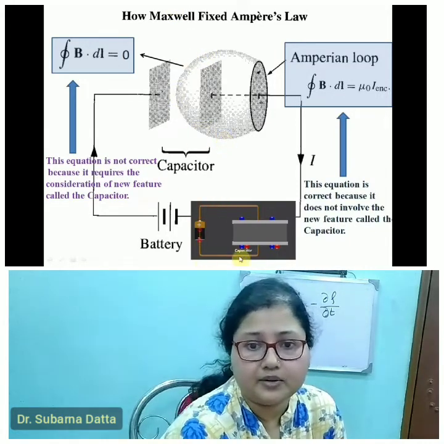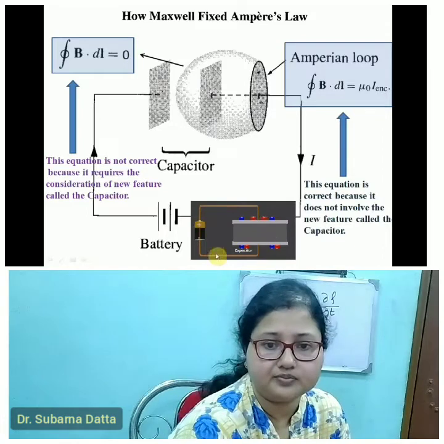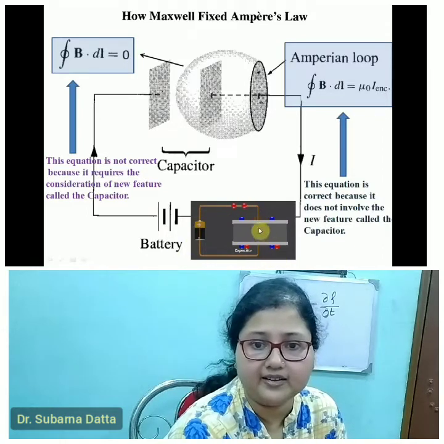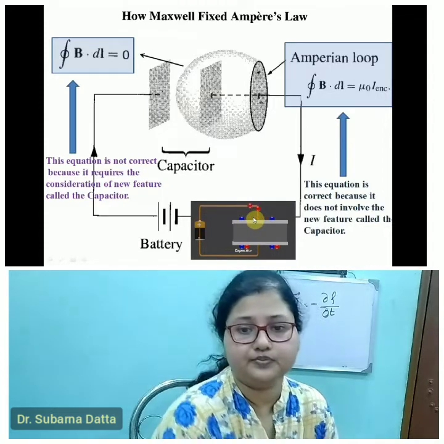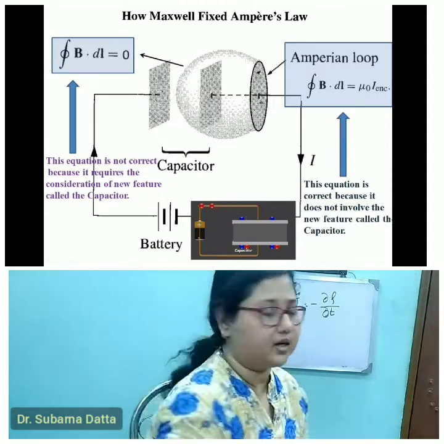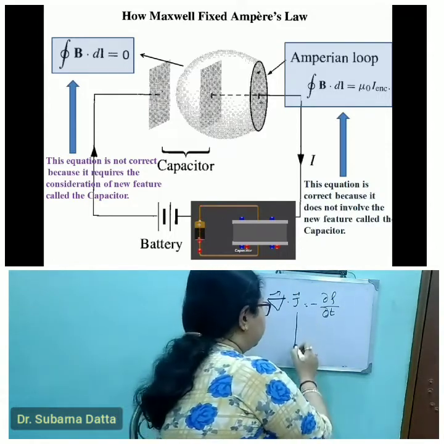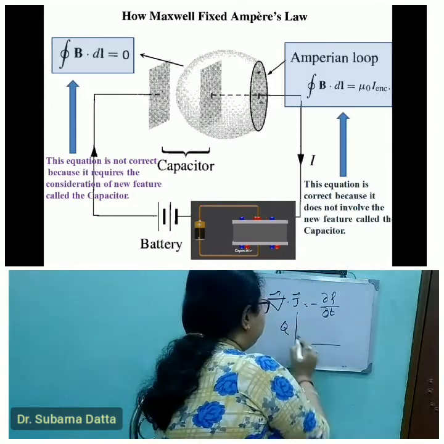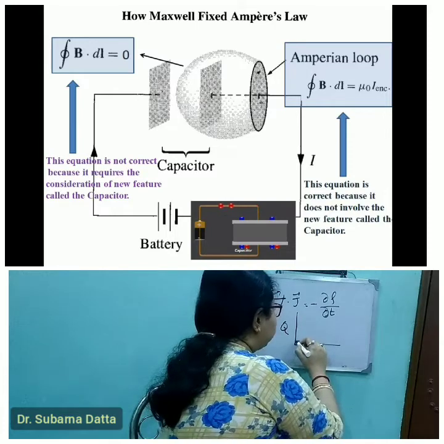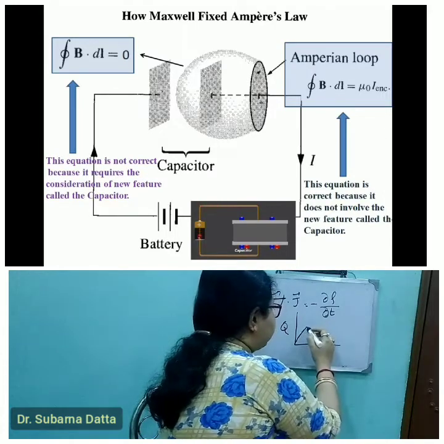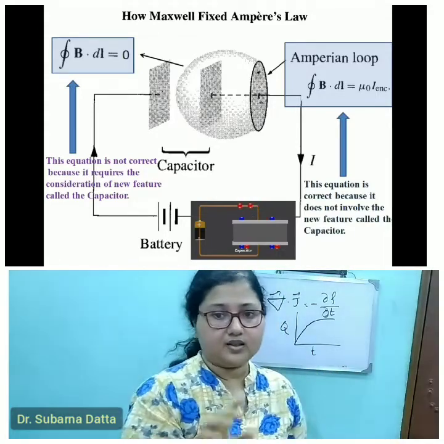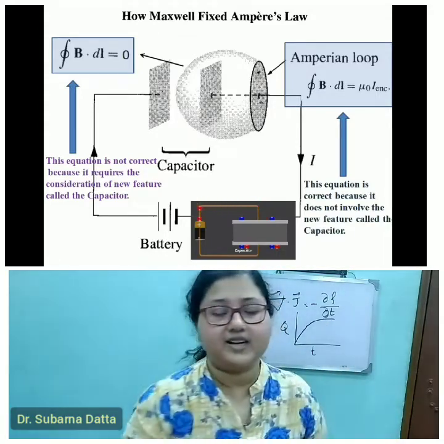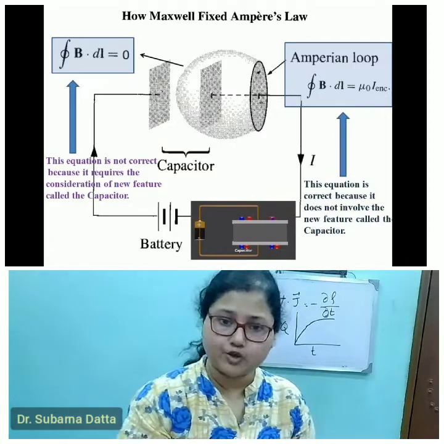In this circuit, there is a battery and the capacitor is charging, accumulating charges. The charge accumulates as Q by T on the capacitor plate, and after a certain time all the charges are accumulated and it becomes saturated.